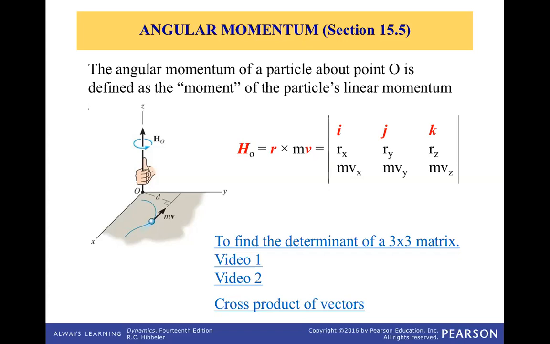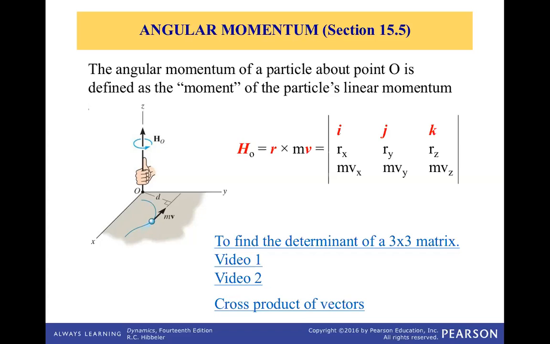So h sub o equals r, which is the position vector the object is, cross multiplied by m times v, where m times v will be the momentum vector. So this is a 2 vector multiplication.